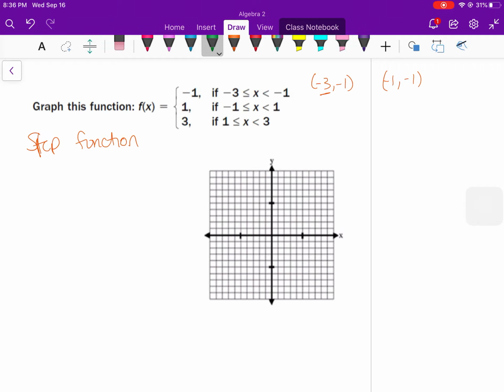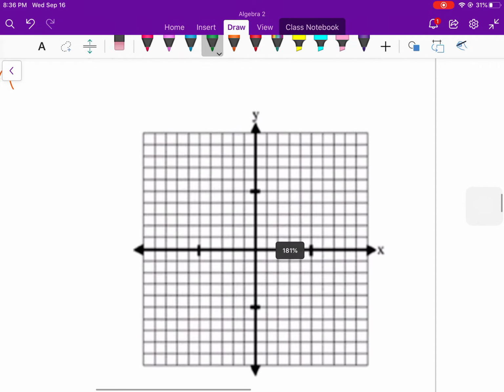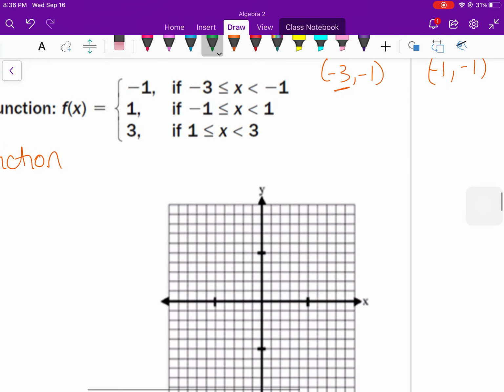I'm going to zoom in a little bit. Go to -3 and down to -1, and it's a closed circle at -3, -1. Then go on the x to -1, then down to -1. It's an open circle there since this side is not equal to. Then the next one is at +1, so on the x-axis first I go to -1, and then on the y I go up to 1.